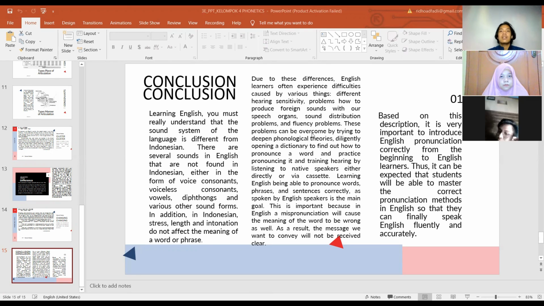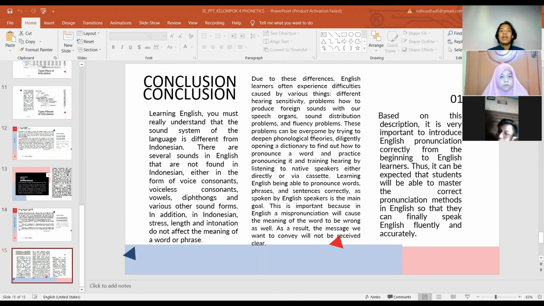Due to this difference, English learners often experience difficulties caused by various things: different hearing sensitivity, problems with how to produce foreign sounds with our speech organs, sound distribution problems, and fluency problems.